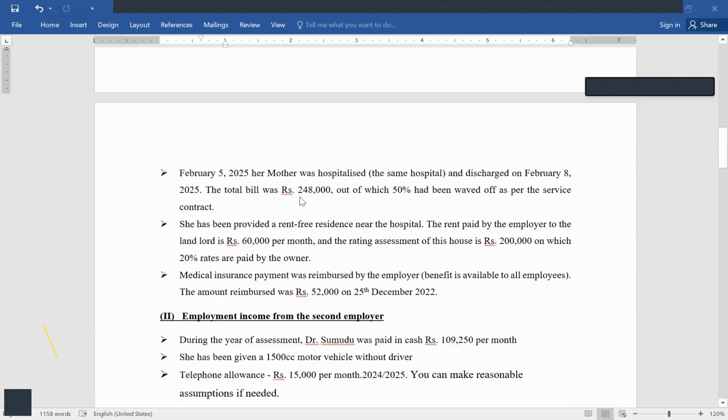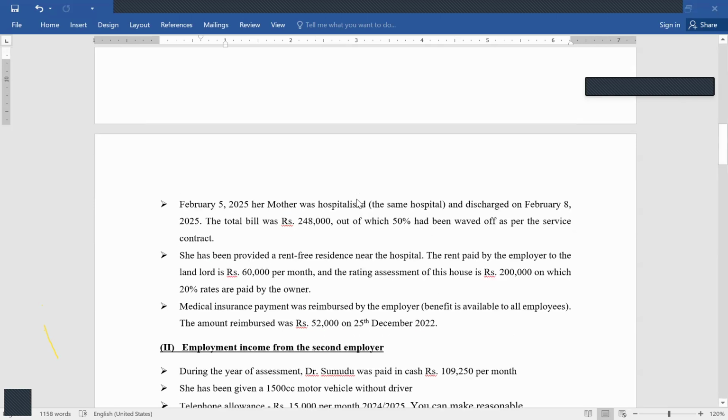On February 5th, 2025, her mother was hospitalized at the same hospital and discharged on February 8th, 2025. The total bill was 248,000, out of which 50% had been waived off as per the service contract. Okay. Then what happened?